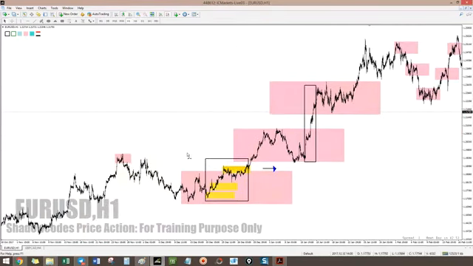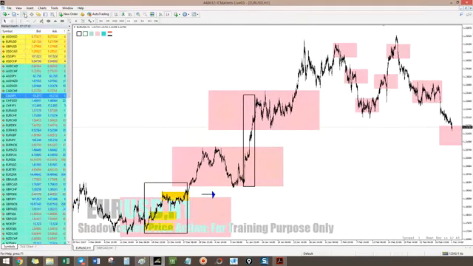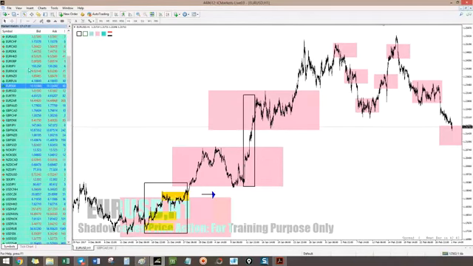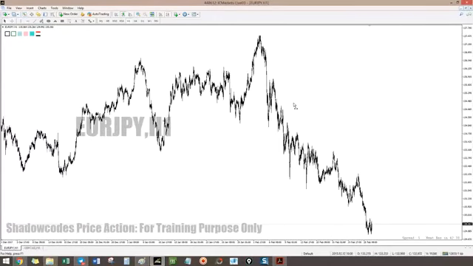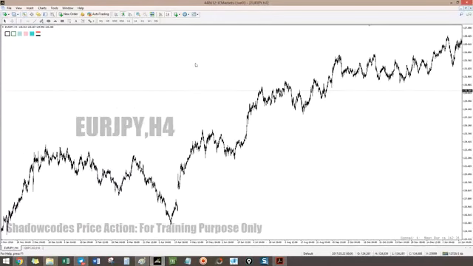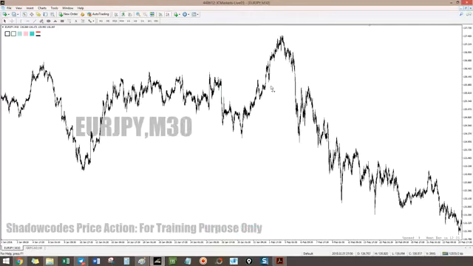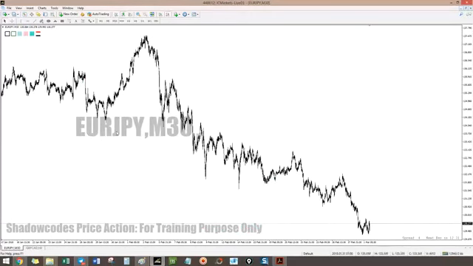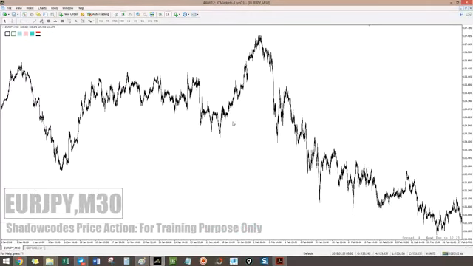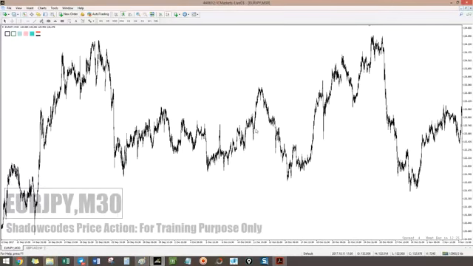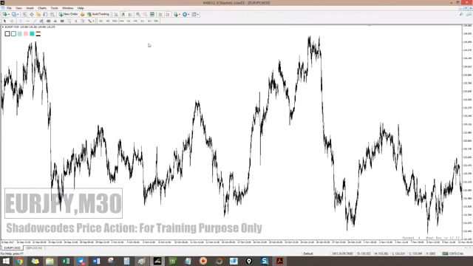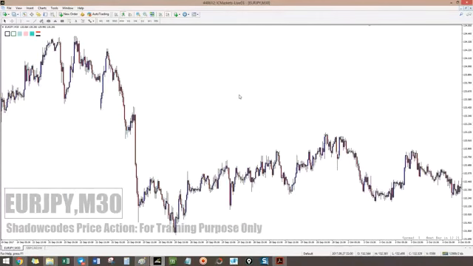Euro USD, I used it for this morning's example, so I will use another chart. For example EJ, time frame H4, H1, M30, any time frame will do. You need to spot a trend first. For example, this is a trend you will choose.